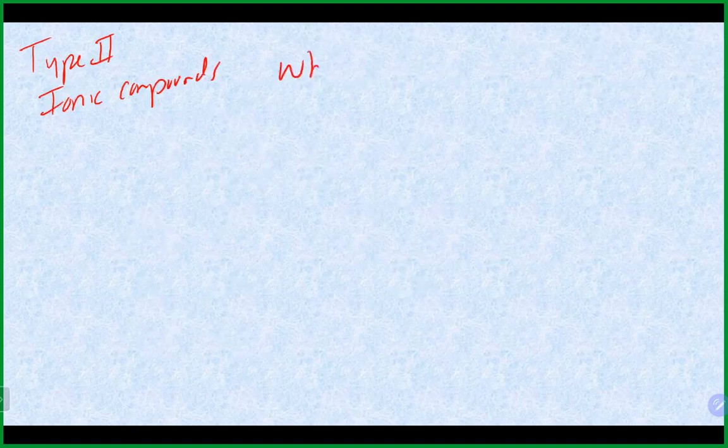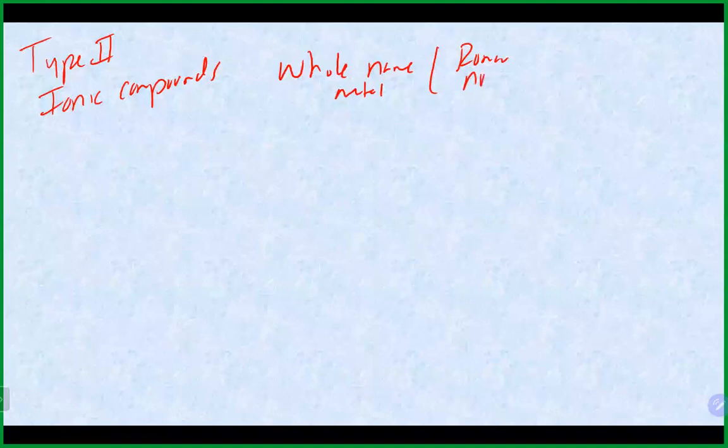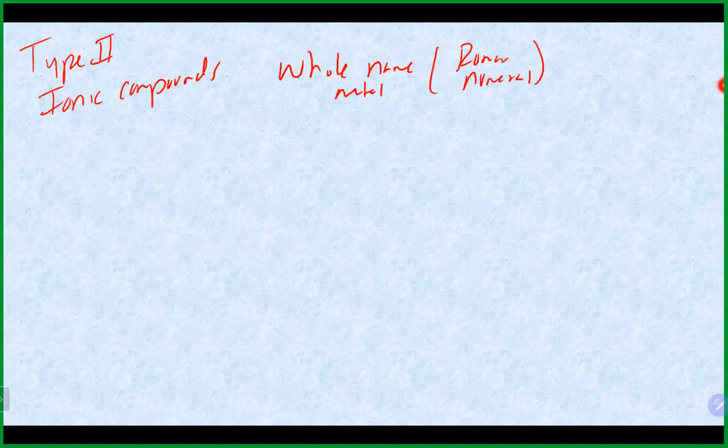So we use the whole name of our metal, and again, that Roman numeral for the charge on the metal, and our non-metal again getting the IDE at the end of it.